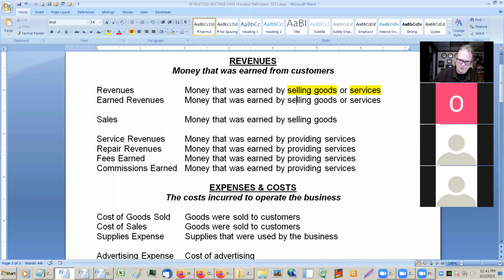They make their money by selling services. So revenues really are any way that you make money from your customers. Earned revenues are the same thing as revenues. Basically, all revenue is earned. So revenues and earned revenues are really exactly the same thing.